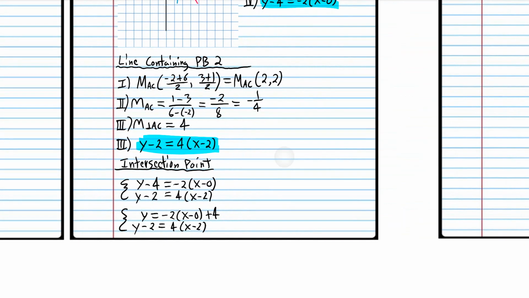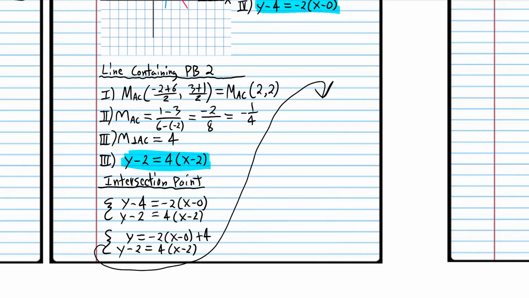And now I'm going to take the equation where y is not solved for, and I'm going to rewrite that. But instead of y, I'm going to write what the top equation tells us y equals. So -2 times x minus 0 plus 4 minus 2 equals 4 times x minus 2. I want to move that over a little bit.